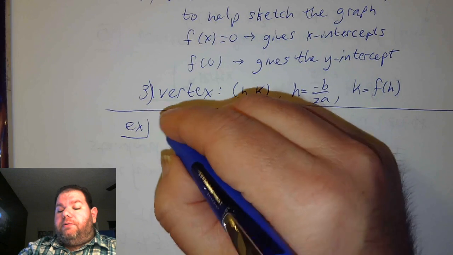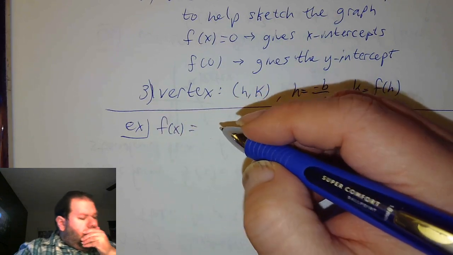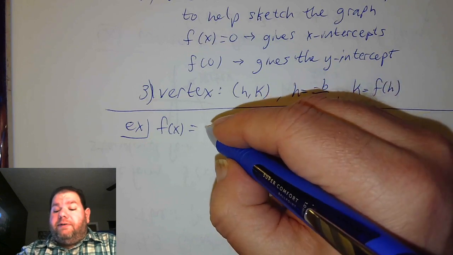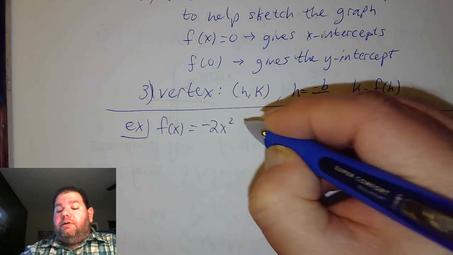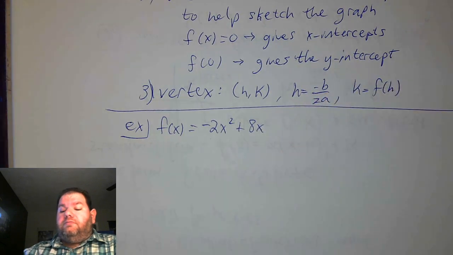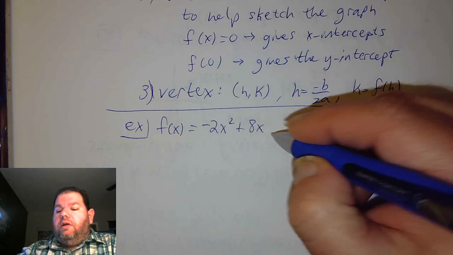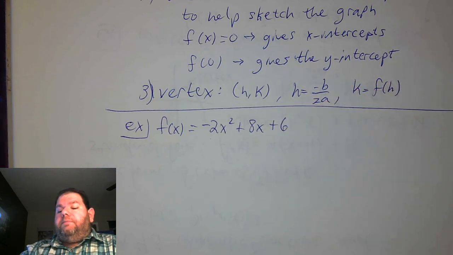So for example, let's look at f of x is negative 2x squared plus 8x, let's say plus 6.